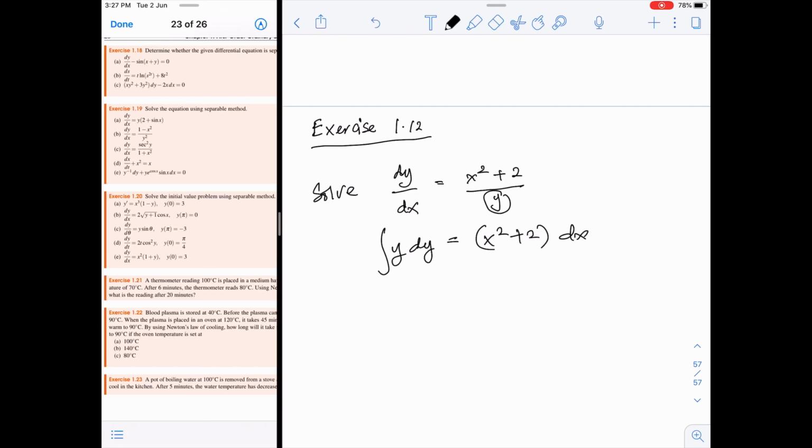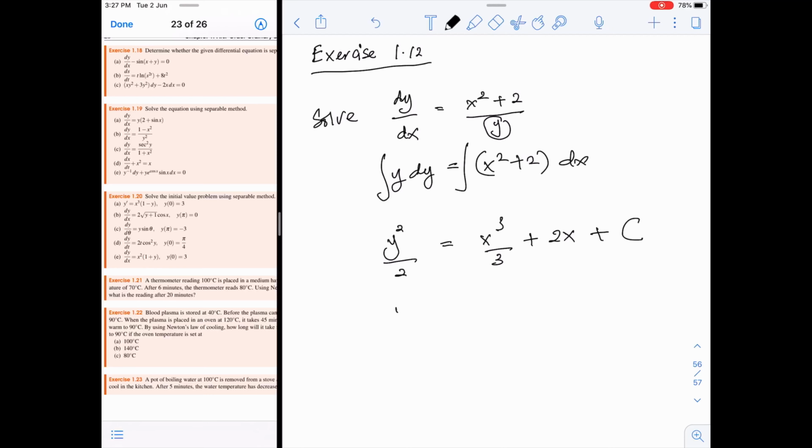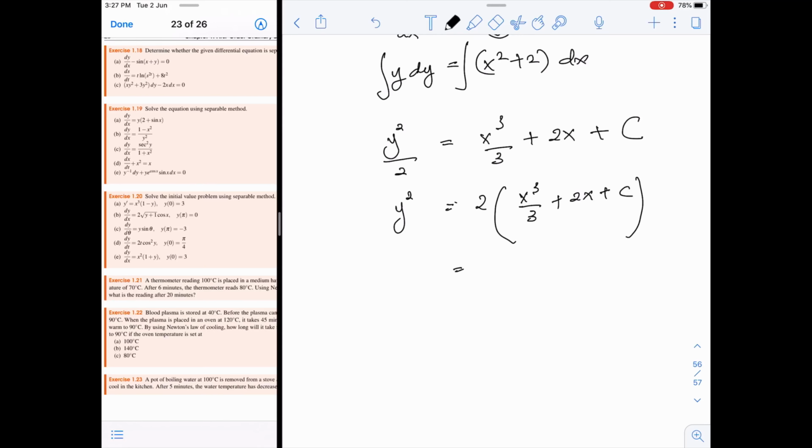You will have y squared over 2 for the left hand side, and x cubed over 3 plus 2x plus c on the right hand side.